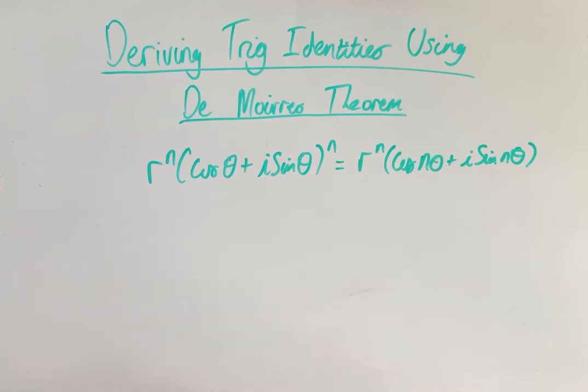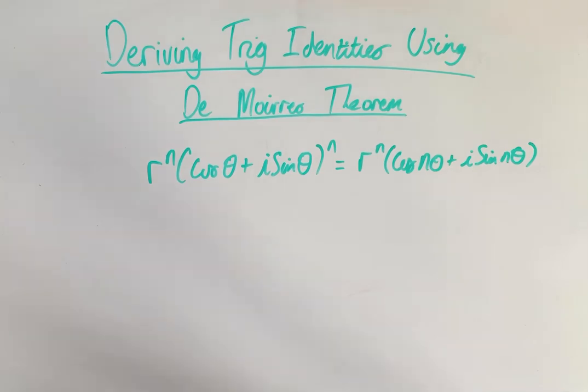The first method of derivation uses binomial expansion and forms identities by assuming a modulus of 1 and equating real and imaginary parts. So let's say we wanted to find an identity for cos of 3 theta or sine of 3 theta.